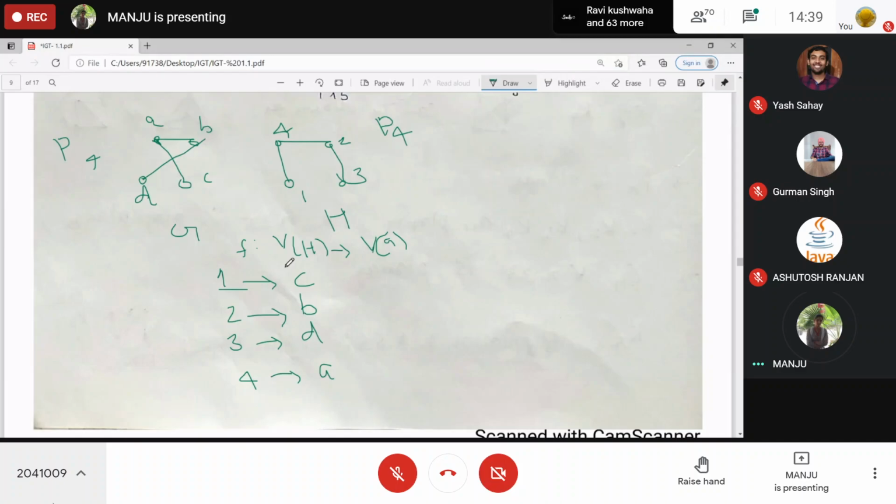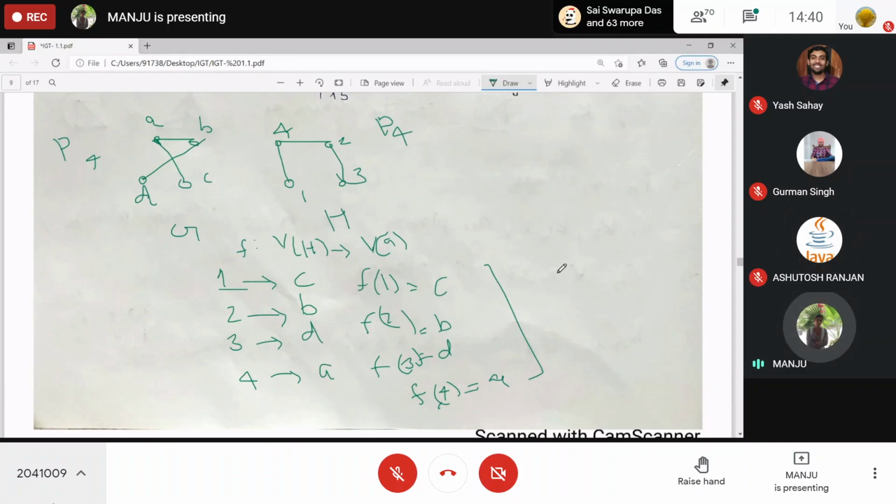So 1 is going to C, means f of 1 is defined as C, the image of 1 under this function is C, f of 2 is B, f of 3 is D, and f of 4 is E. Understood?